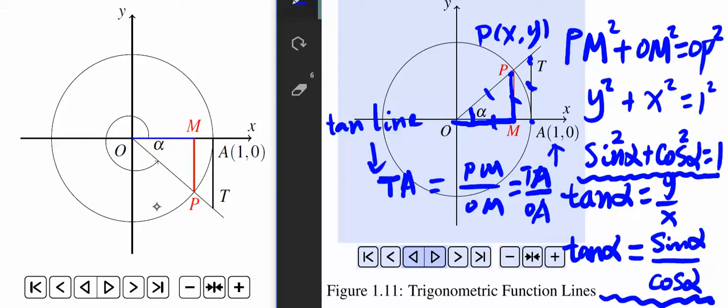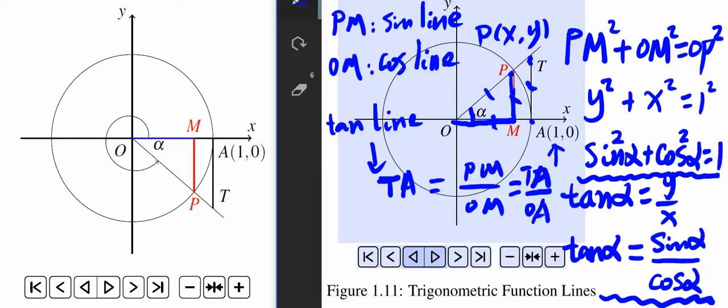And OM is also called the cosine line, and PM is the sine line, because PM over OP, and OP is 1, so PM is called the sine line and OM is the cosine line.